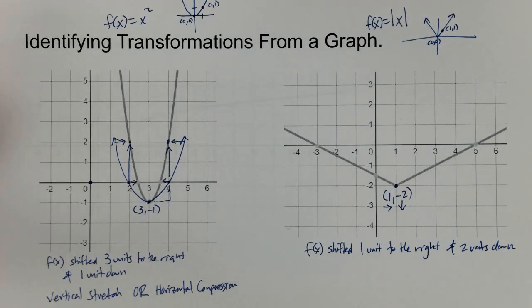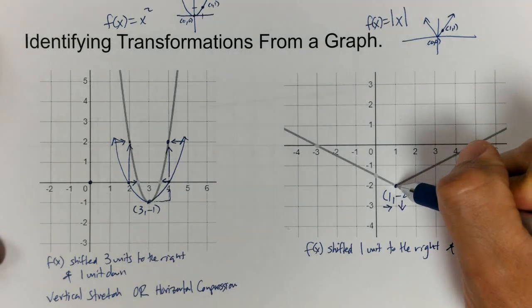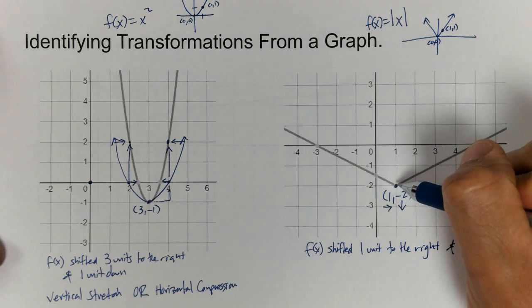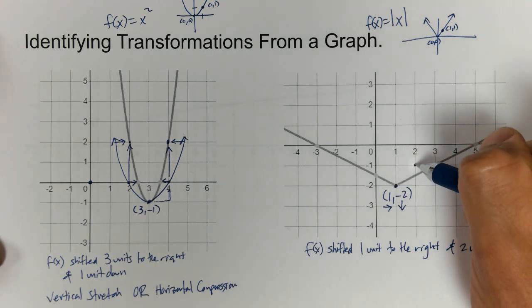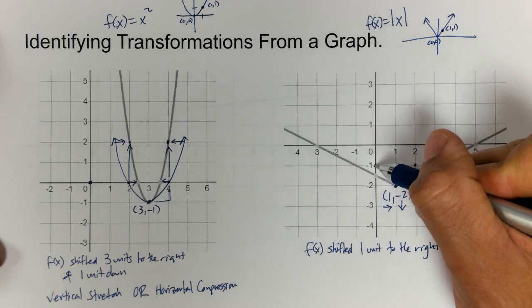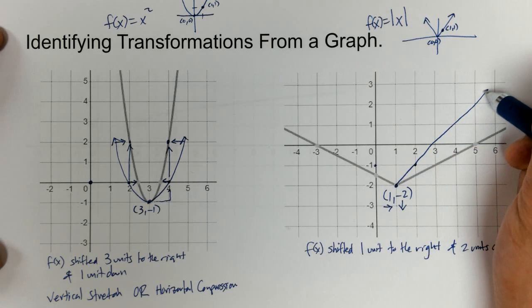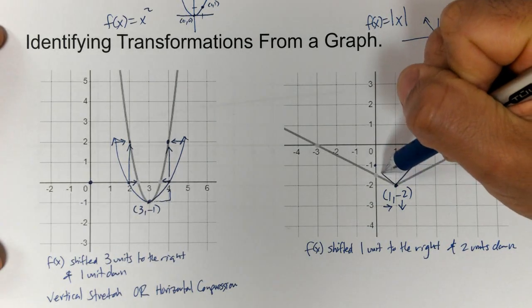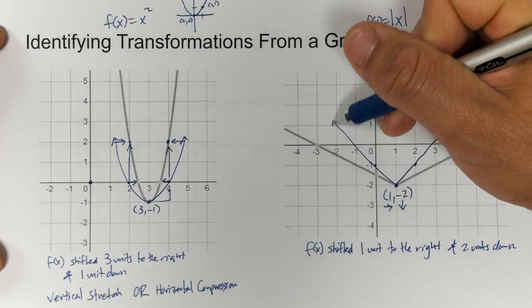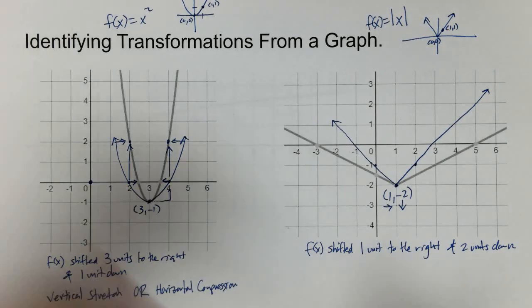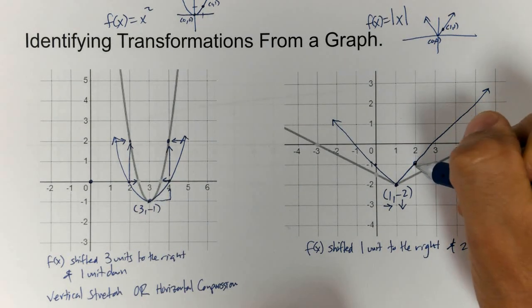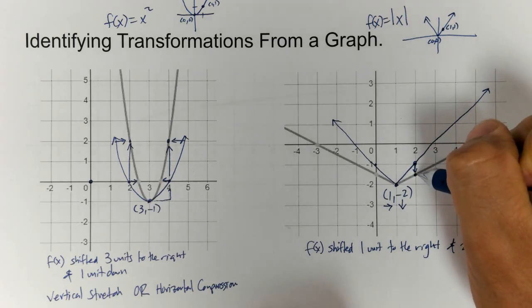What about the stretching and the compression? Well, from the origin or from the vertex, it should go over 1, up 1. Over 1, up 1. The function should have looked like this. I'm going to use the parent function as my reference point. That's the only way to know whether or not it got stretched or compressed. So vertically speaking, this point ended up being lower than I wanted it to be.